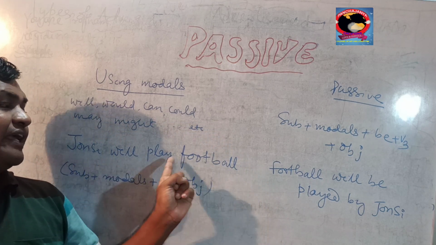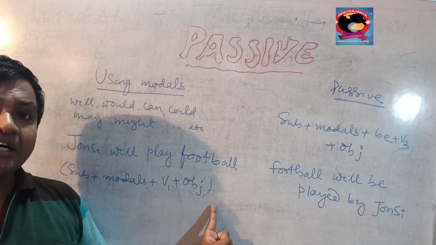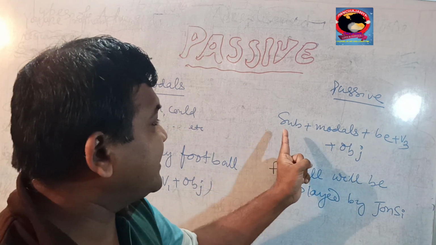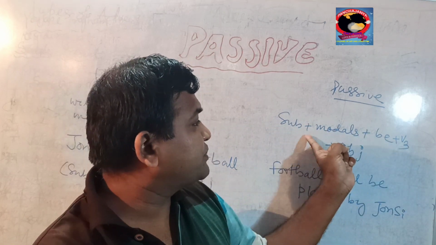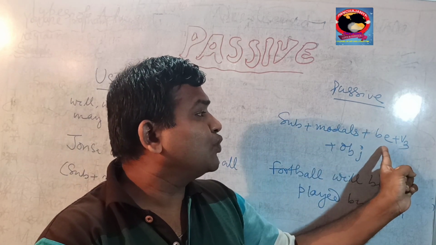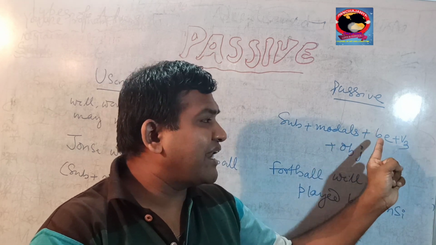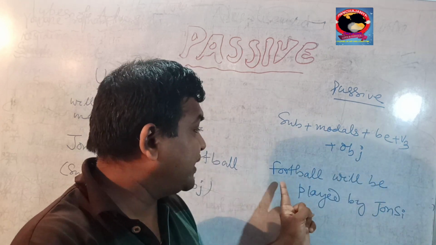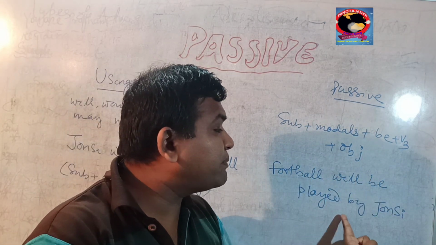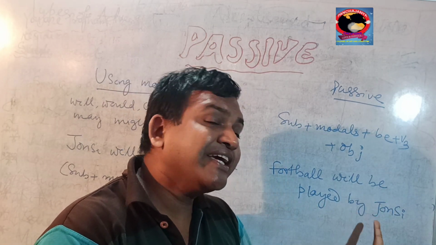Now if we are making it passive, the formula will be like this: subject plus modals plus be plus V3, like will be, can be, would be, should be, shall be, then V3, then object. Then, football will be played by Jansi.